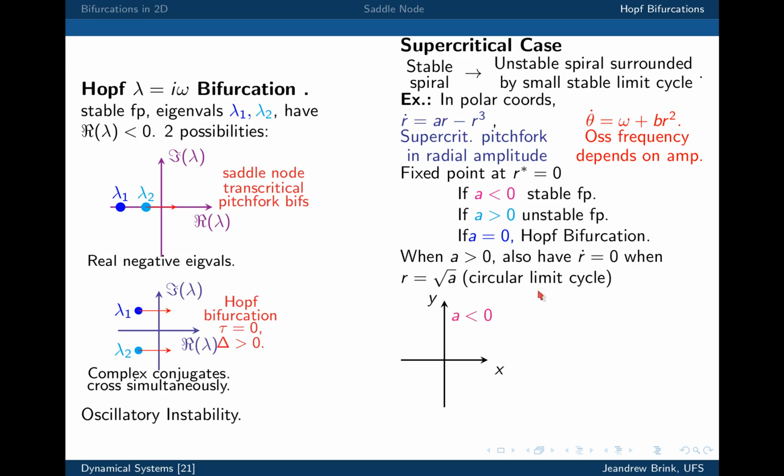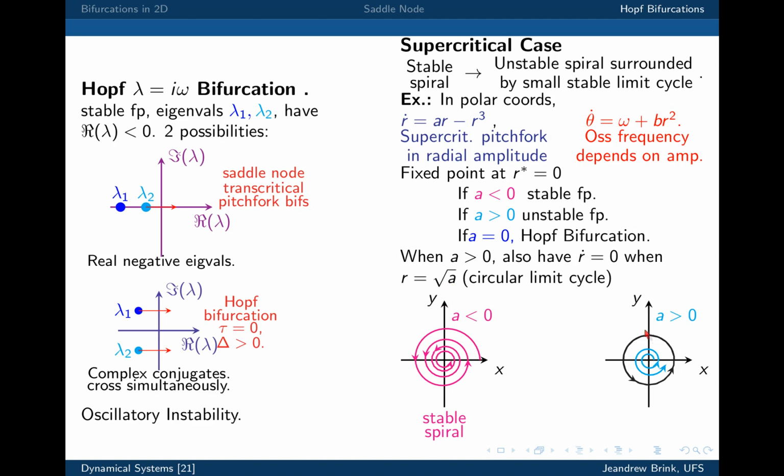And so let's just draw the three situations before we actually do the bifurcation diagram. If a is less than 0, you're going to have this situation. You're going to basically have a spiral that decays with e to the at, so you have your stable spiral. If a is greater than 0, you're going to have an unstable fixed point. In other words, it's going to spiral away from 0. But what you're then going to have is this limit cycle where r dot again is 0 at r equals the square root of a.